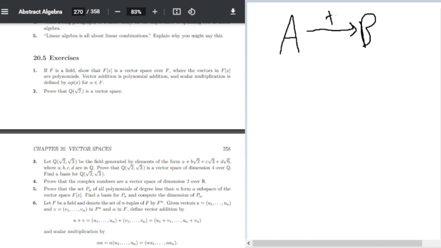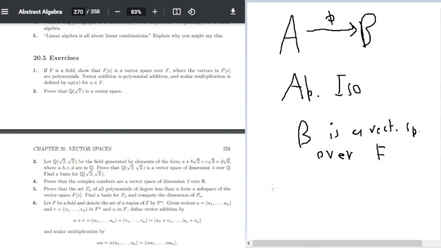So I'll have phi, an abelian homomorphism or abelian isomorphism. And suppose that B has a vector space structure given over F. B is a vector space over F.